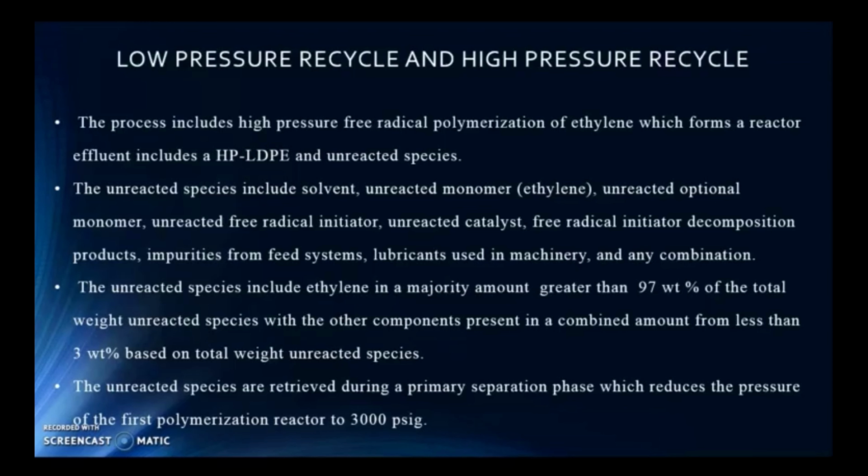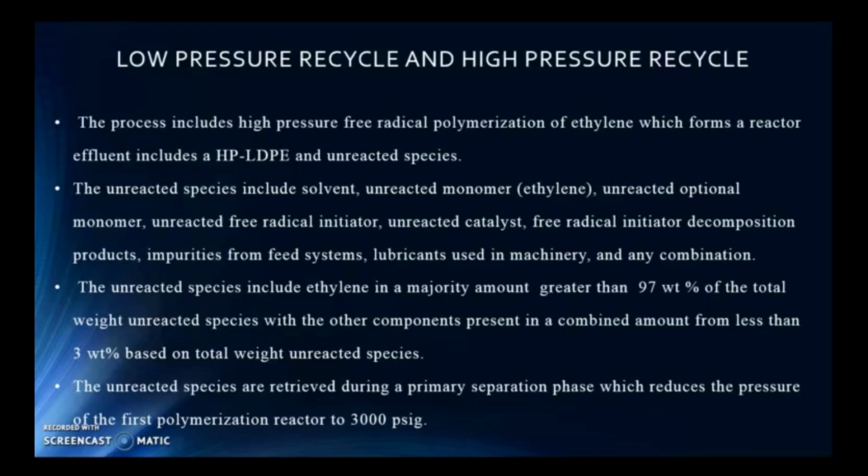These unreacted species include solvent, unreacted monomer, which is ethylene, optional monomer, free radical initiator, catalyst, free radical initiator decomposition products, impurities from the feed system, lubricant that we use in machinery, and any combination. The unreacted species include ethylene in majority amount, greater than 97% of the total weight of unreacted species, with other components present in combined amount of less than 3% based on total weight of unreacted species.